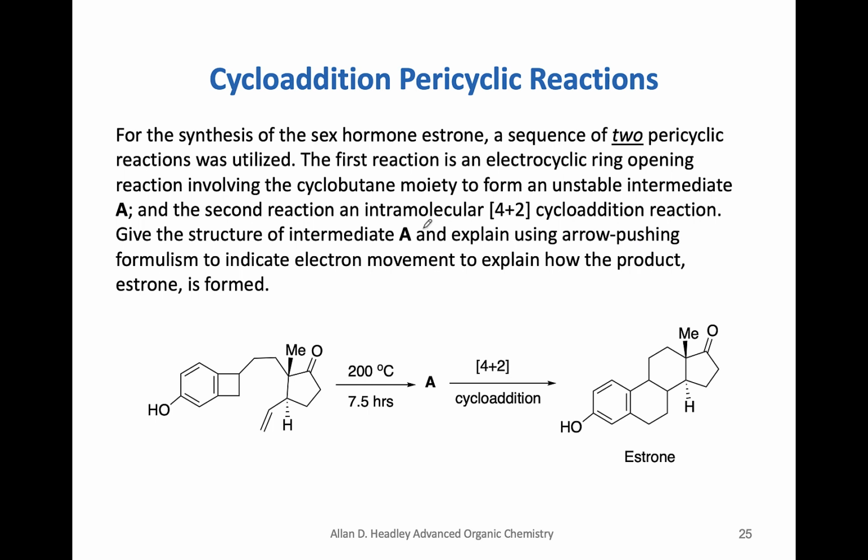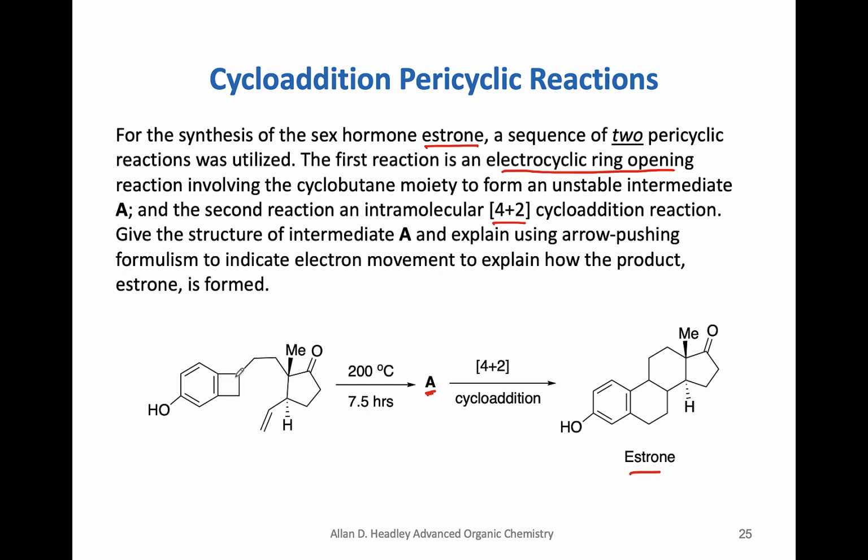Let's look at another example here. For the synthesis of the sex hormone estrogen, shown here, there are two sequences of pericyclic reactions. The first is again an electrocyclic ring opening to form an intermediate A, and the second is a 4+2 cycloaddition to form the product. Let's see if we can visualize what's happening here. So here is again our cyclobutene.